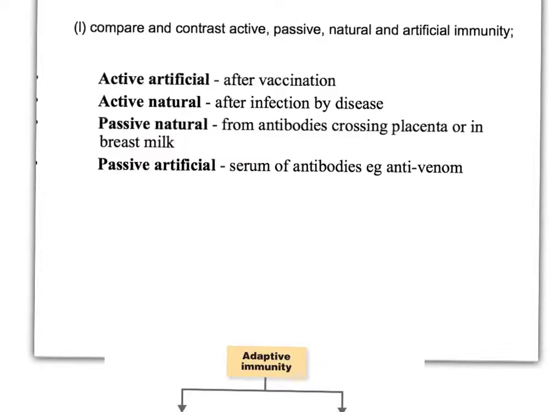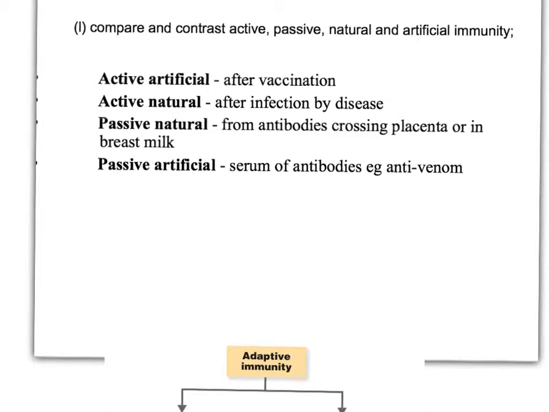Okay, so the active bit here basically means that you have at some point been infected with antigens, either naturally or artificially. Naturally is what we've looked at in previous screencasts, which is when you've actually had an infection from the actual pathogen with particular antigens on it, and you have as a result created memory cells to that, and therefore have become immune to subsequent infections of that disease.